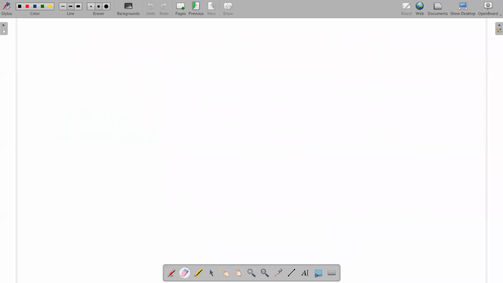So let's make a sketch of y equals the sine of x, showing a couple of periods. So remember, the sine of x starts at the origin, goes up, down, back up, and then it just keeps repeating that pattern.